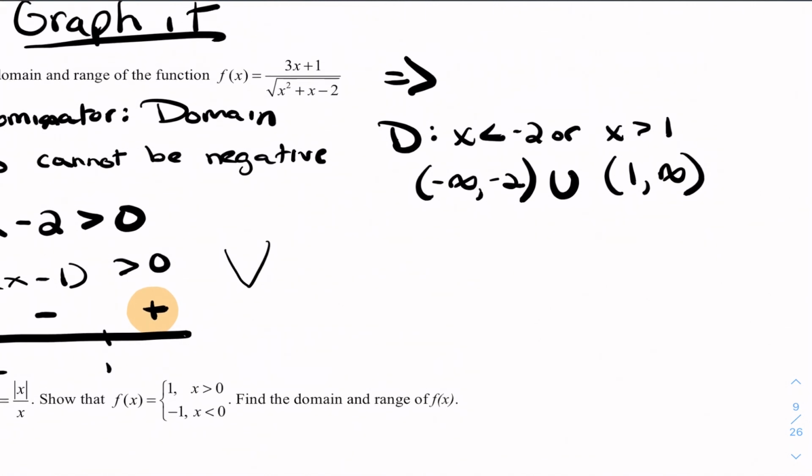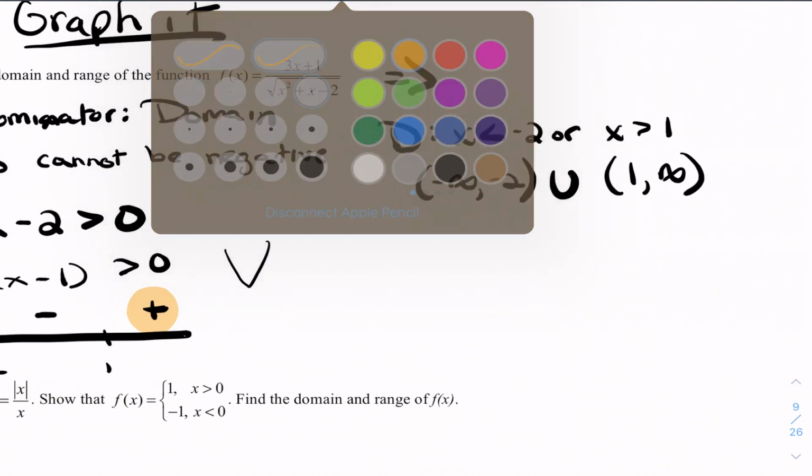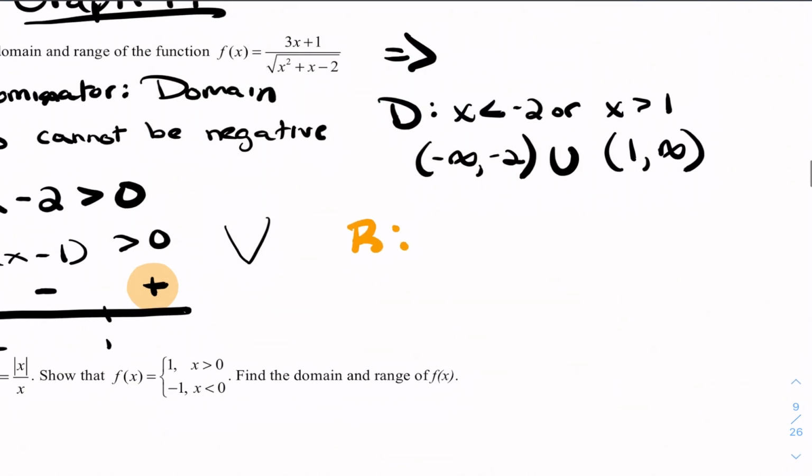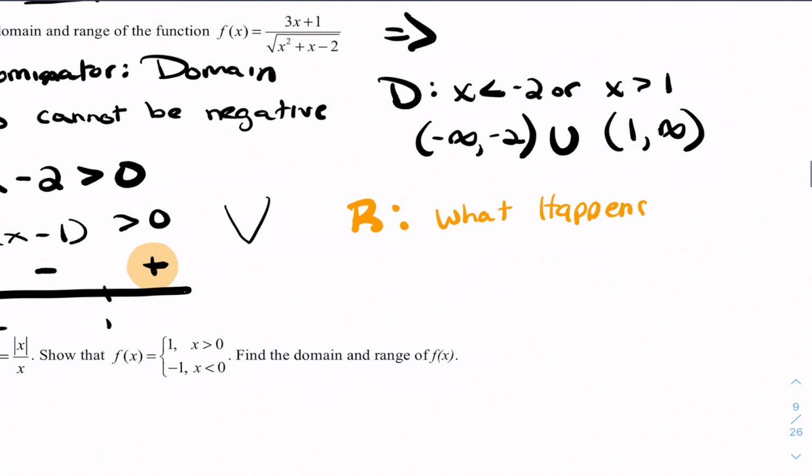If we were talking about the range, let's just do that in a slightly different color. If we were looking for the range, what we want to see is what happens when x goes off to really large positive numbers or when x goes to really large negative numbers.